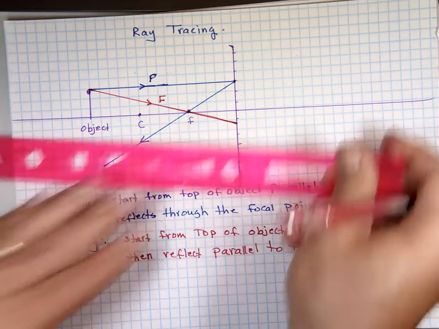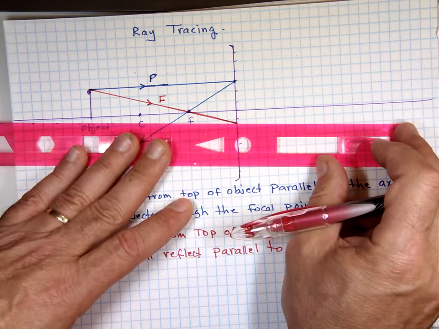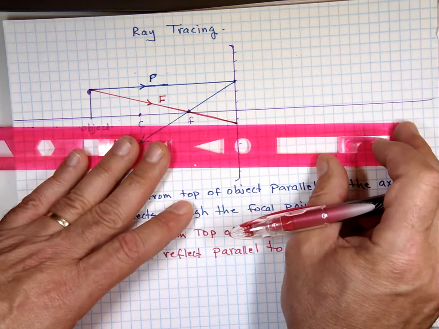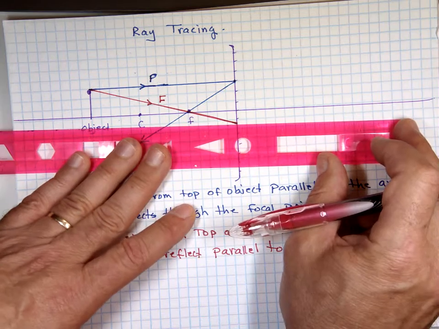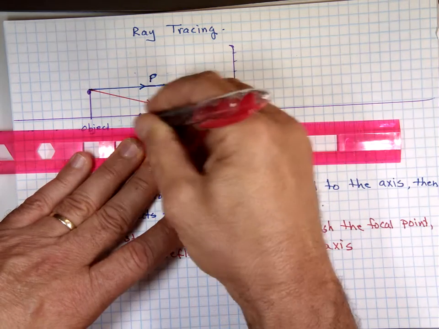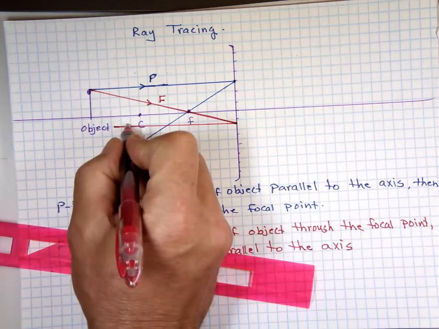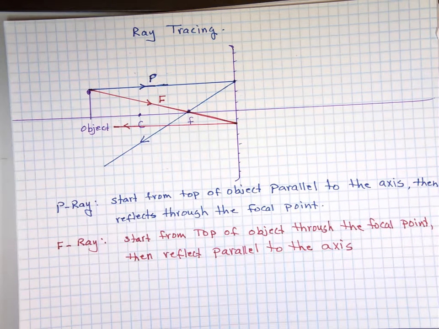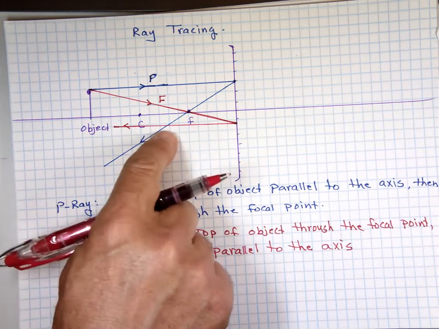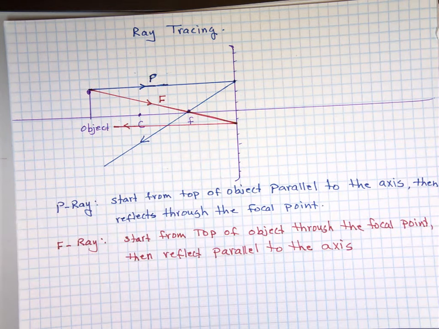So it's going to be parallel to the axis. It's going to come out this direction. I can tell you right now where the image is going to be. Right where the two lines intersect. But I'll do one more. There's a third one.